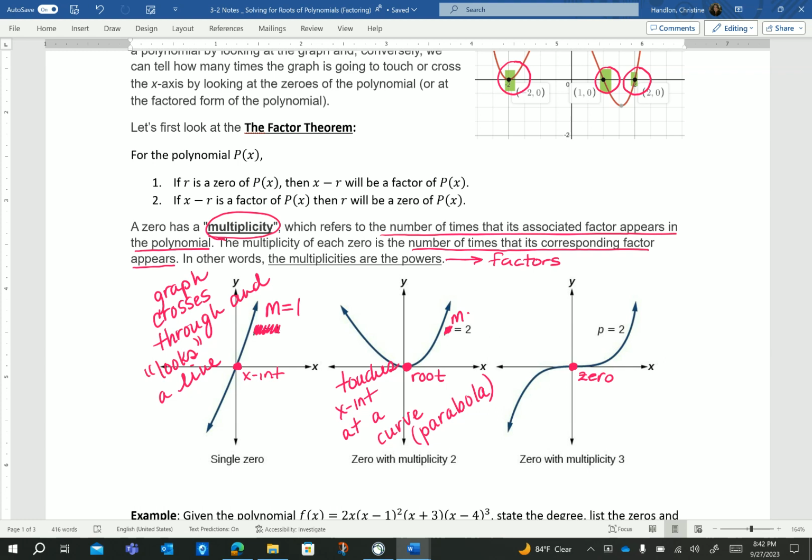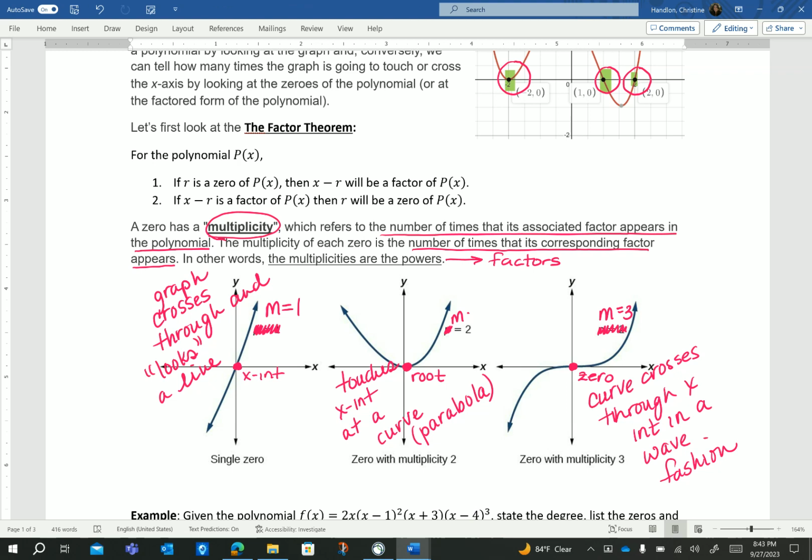Now, how about this one? This one looks like a cubic graph. This one will have a multiplicity of 3. So if your curve crosses through your x-intercept in a wave fashion, okay, in some sort of wave fashion, then it will have a multiplicity of 3.